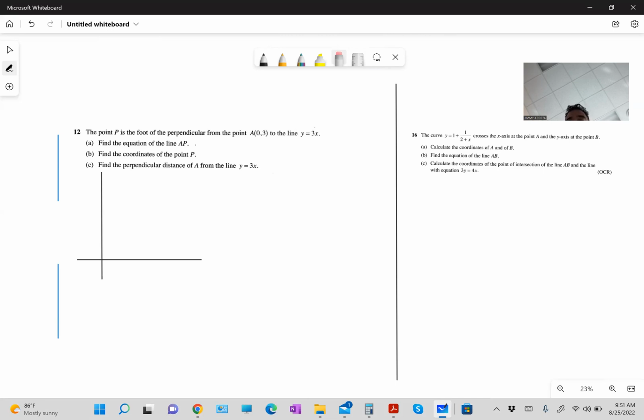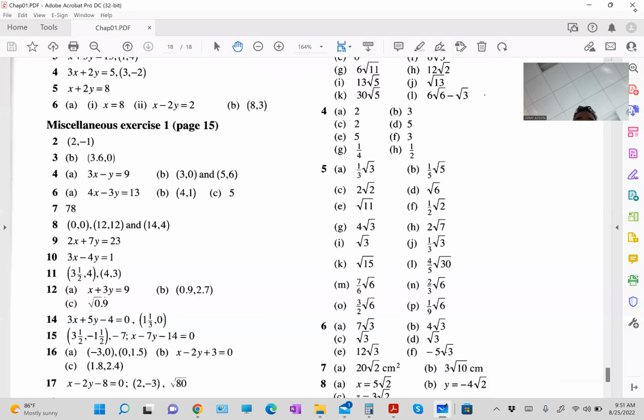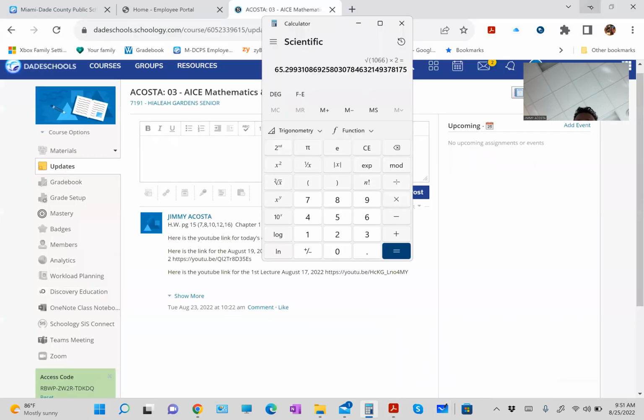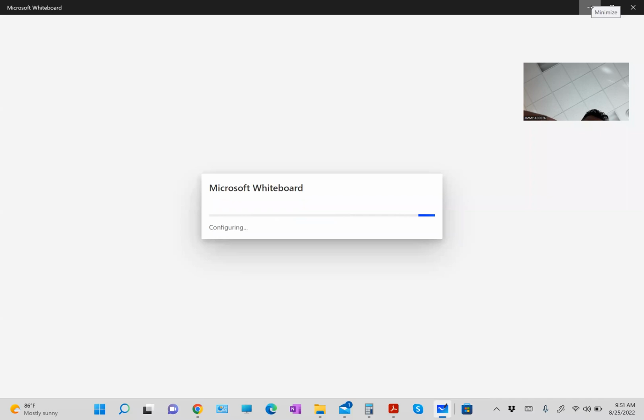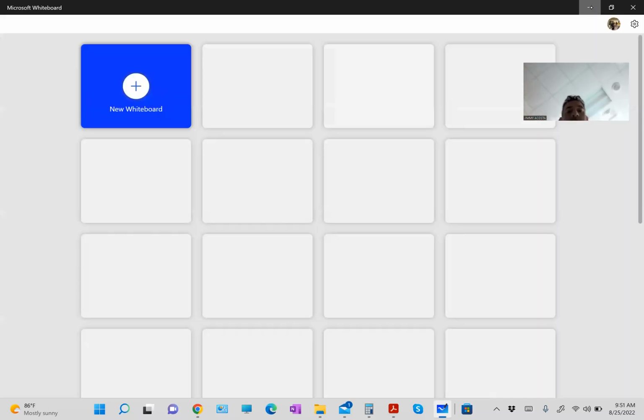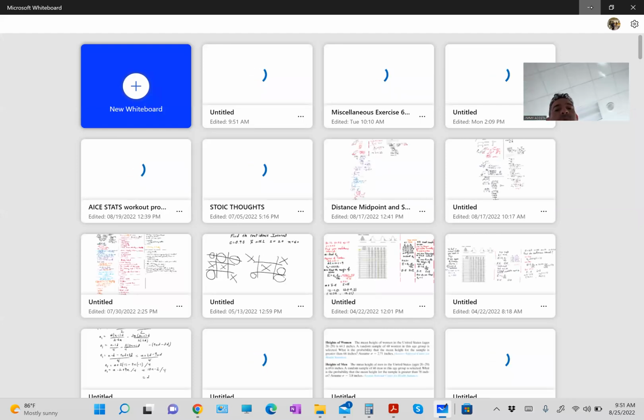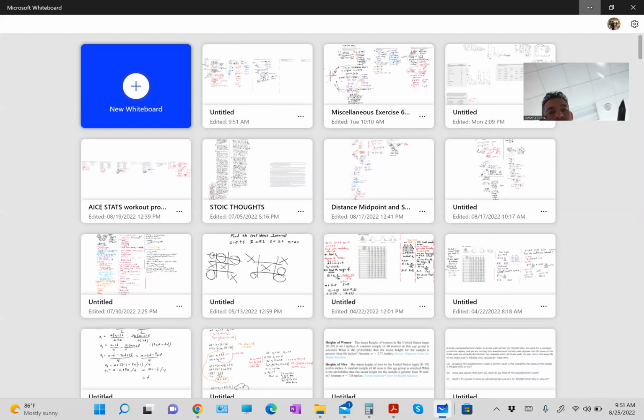Okay, so my whiteboard's acting up, of course. So I'm going to close it out and open it back up. Come on, computer. So the computer is open.